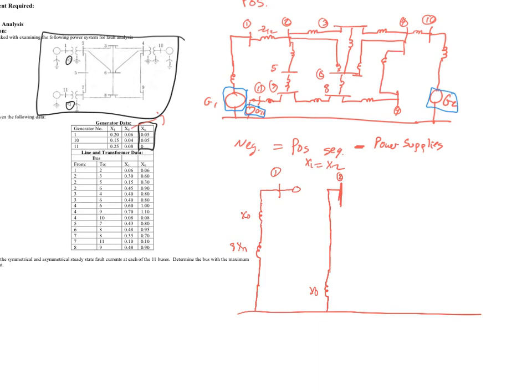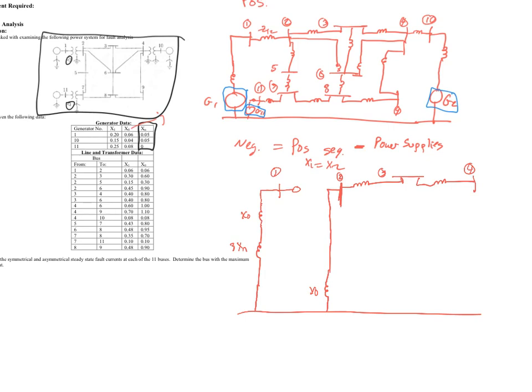Okay? So now we can continue in doing some of our line data, and our line data does not have any grounding whatsoever, so these are pretty efficient to draw. We have a connection here going to 3, a connection here going to 4.